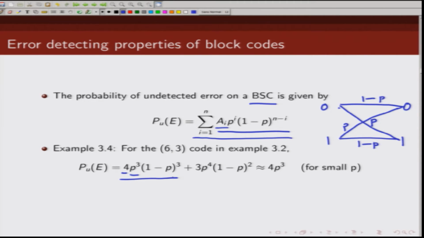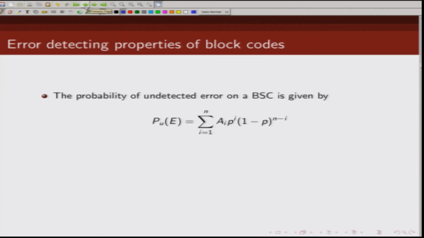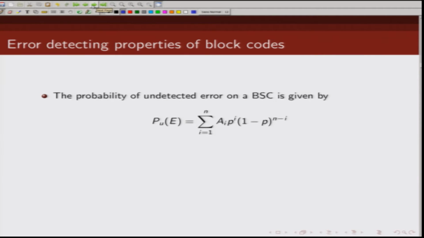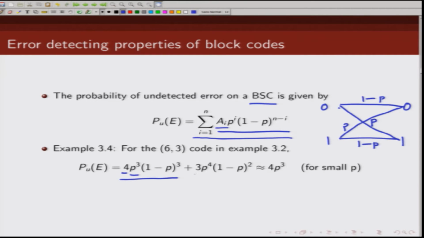The next term corresponds to these code words. There are 3 code words of weight 4, probability of 4 bits getting flipped is p raised to power 4, and probability of the other 2 bits not getting flipped is 1 minus p whole square.